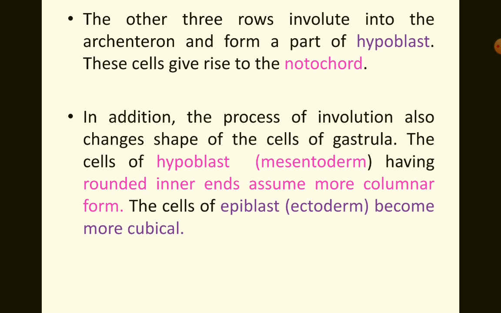In addition, the process of involution also changes the cell shape. The cells of the hypoblast having round inner ends assume a more columnar form, and the cells of epiblast become more cubical because they tend to stretch on the outer surface of the embryo.